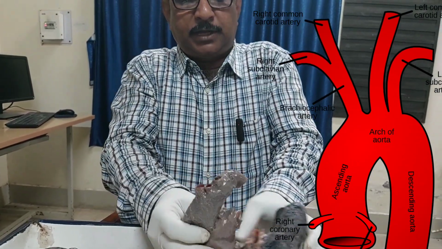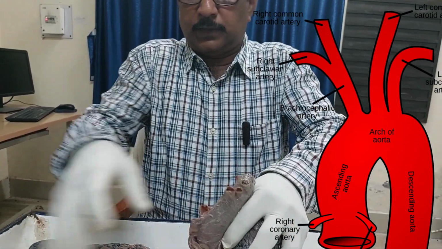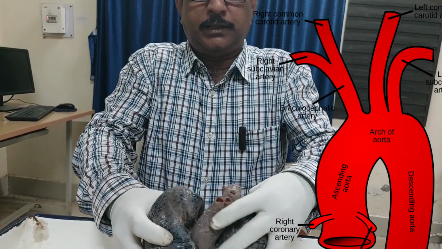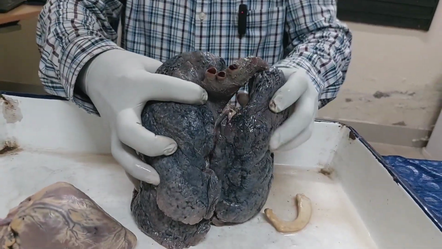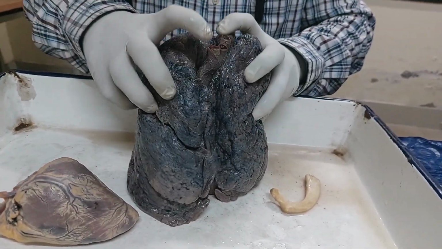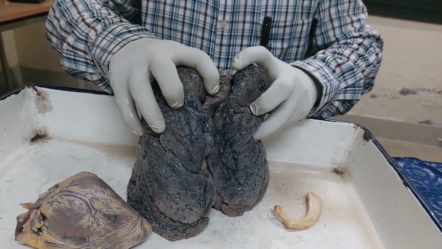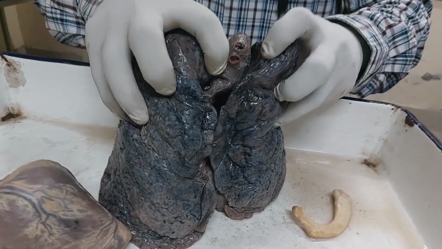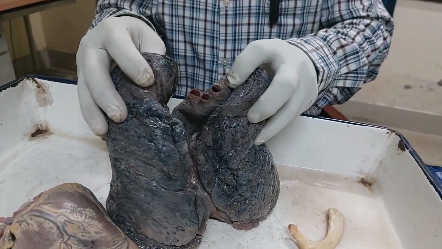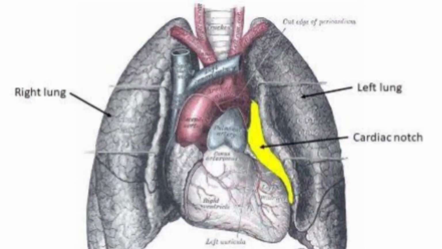So if I keep this heart here like this, this brachiocephalic trunk will come in contact with the right lung, and the left subclavian artery will come in contact with the left lung. So brachiocephalic trunk right side, subclavian artery left side.